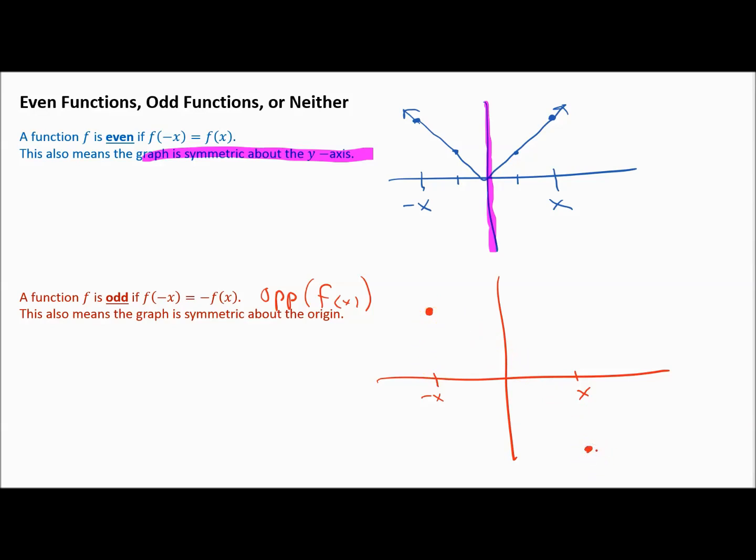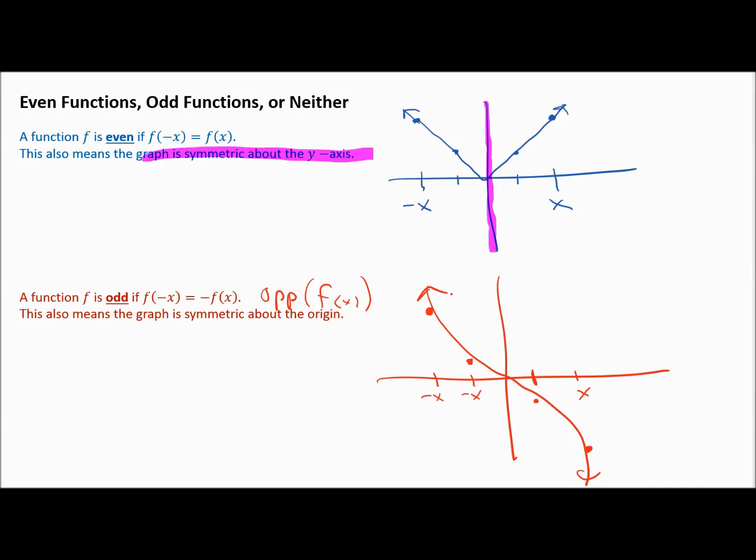Okay, and it's true for every point on your graph. So let's just say this is another negative x value, and let's just say that answer was right here. Well, that same positive x value over here would give you that answer right there. And a way to sketch or connect the dots might look something like that.